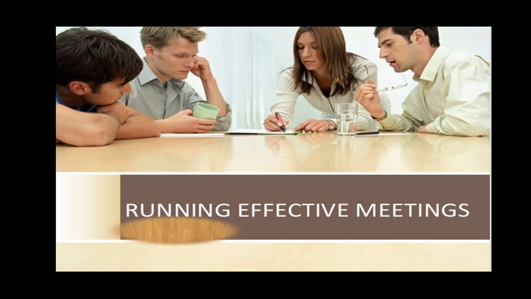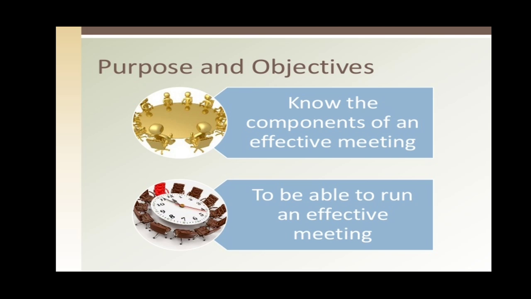We'll enter into the topic. So these are the purpose and objectives of running meetings effectively. The first thing is you have to know the components of an effective meeting. What are the components that you have to do at the time of attending a meeting?